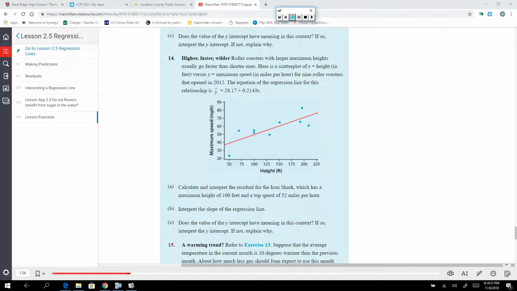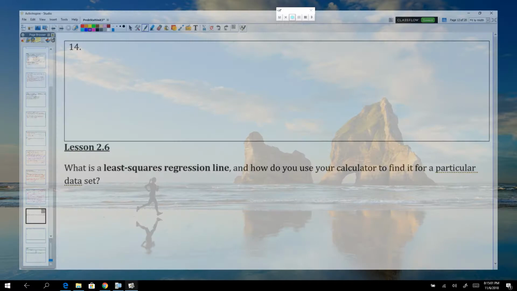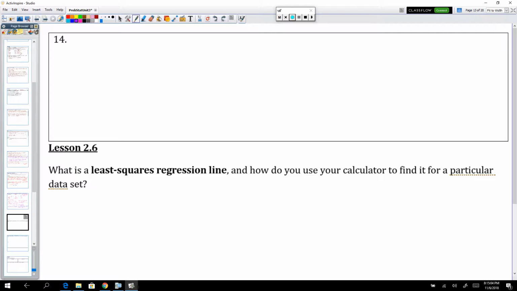So in context, I would like you to make sure that you understand what that means is the response variable being speed, predicted speed, equals 28.17 plus 0.2143 times the height.